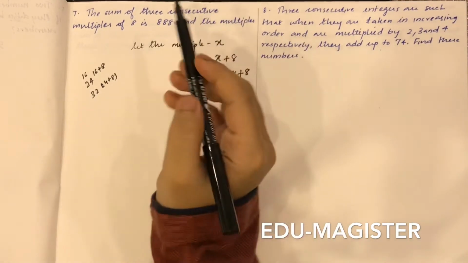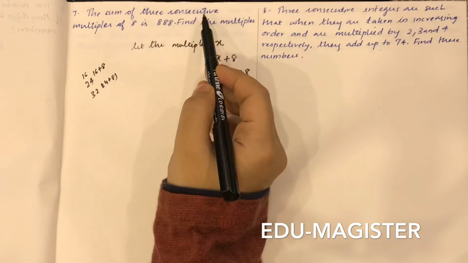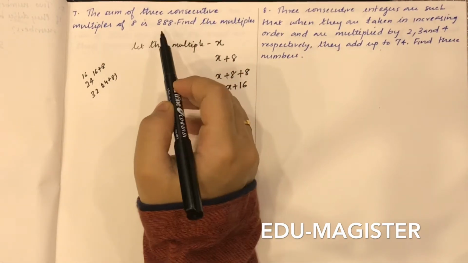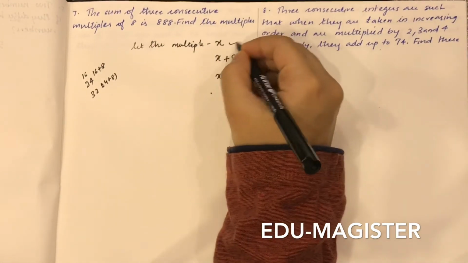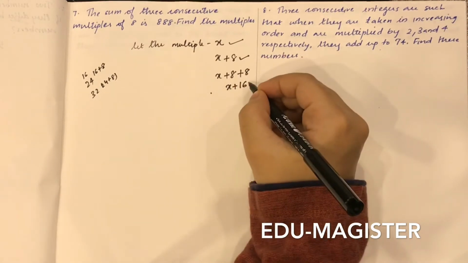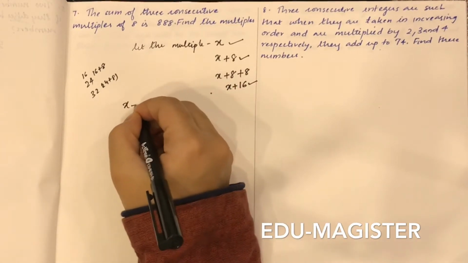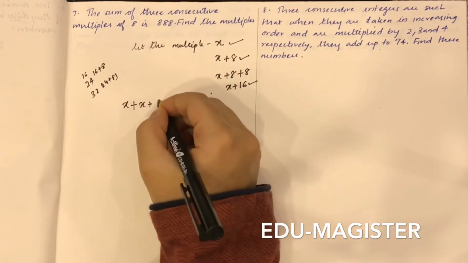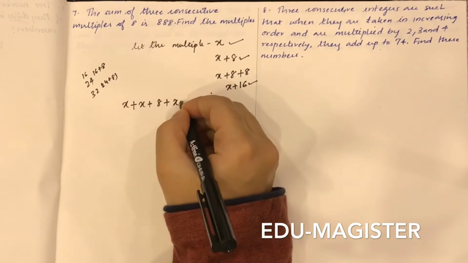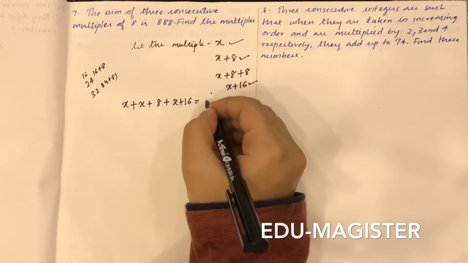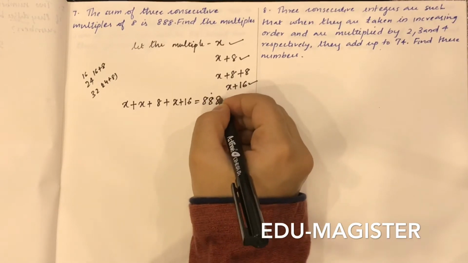Now what is given in the question? The sum of 3 consecutive multiples of 8 is 888. So this plus this plus this is equal to 888. So x plus x plus 8 plus x plus 16 is equal to 888.